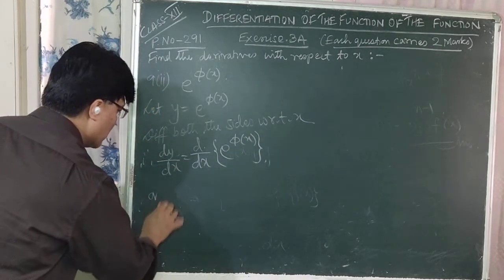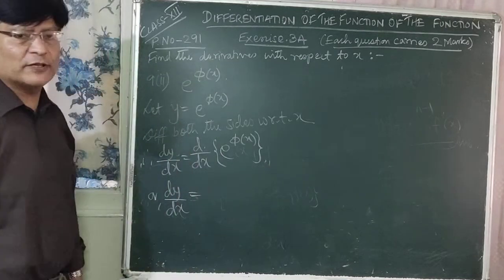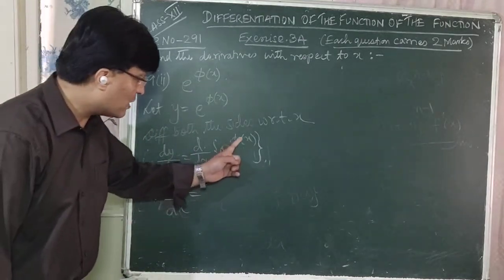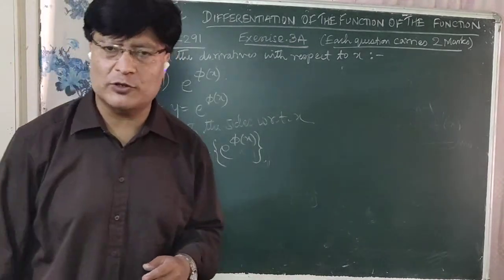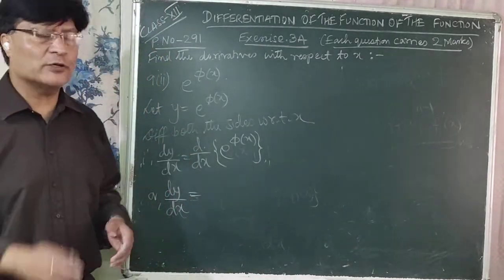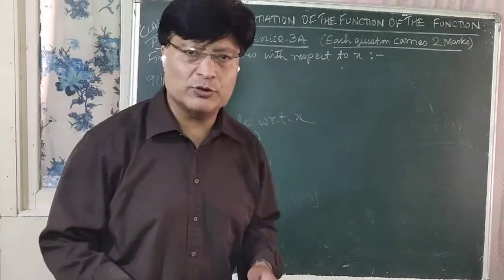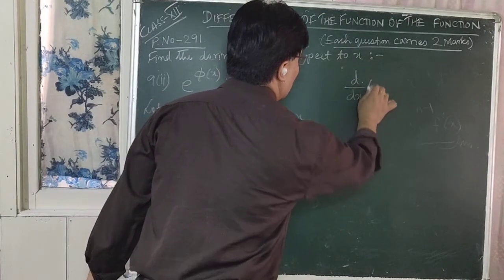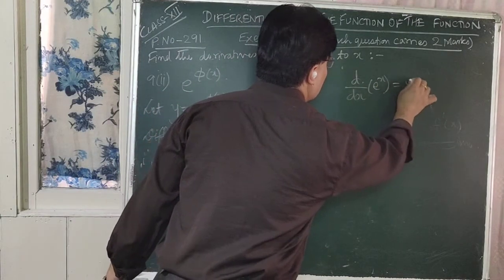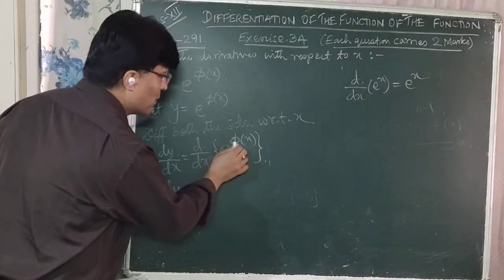Now how will you differentiate e to the power phi of x with respect to x? First of all, it is an exponential function. If it is an exponential function, you should take it as e to the power x, because you know the differentiation of e to the power x, isn't it? That is d/dx of e to the power x is equal to e to the power x. So let us take it as e to the power x.